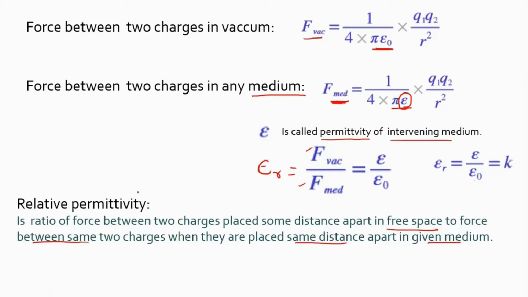Another important concept related to relative permittivity is that it is a dimensionless and unitless quantity. Keep in mind, for epsilon naught we defined the unit in the previous article, where I gave you the unit and the value of epsilon naught, but the relative permittivity is a unitless and dimensionless quantity. It has only a magnitude part.